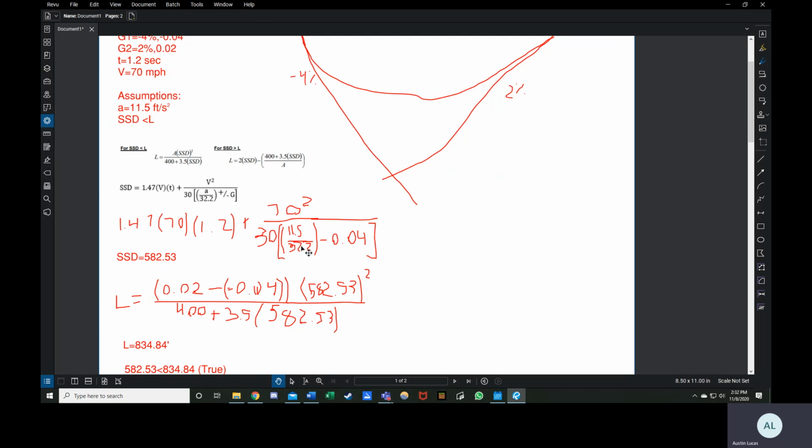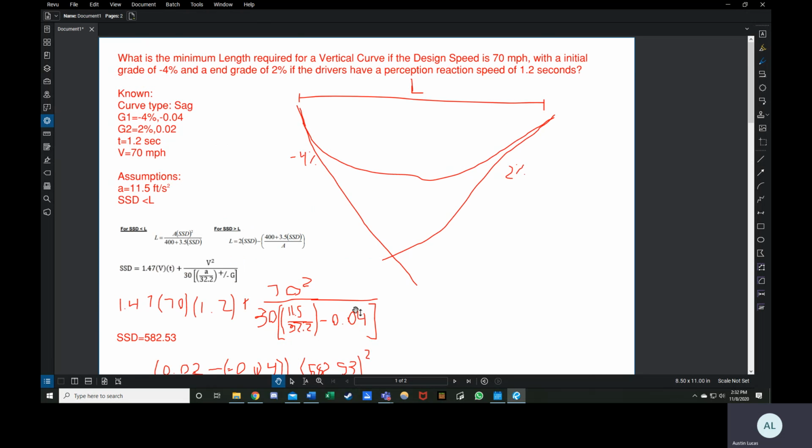Over 32.2, which is gravity, minus 0.04. I did 0.04 for the grade because I always like to assume the worst case scenario. If you're coming in this way and you try to stop while you're on that -4 grade, you are going to have a much harder time stopping than if you're going up this 2% grade.